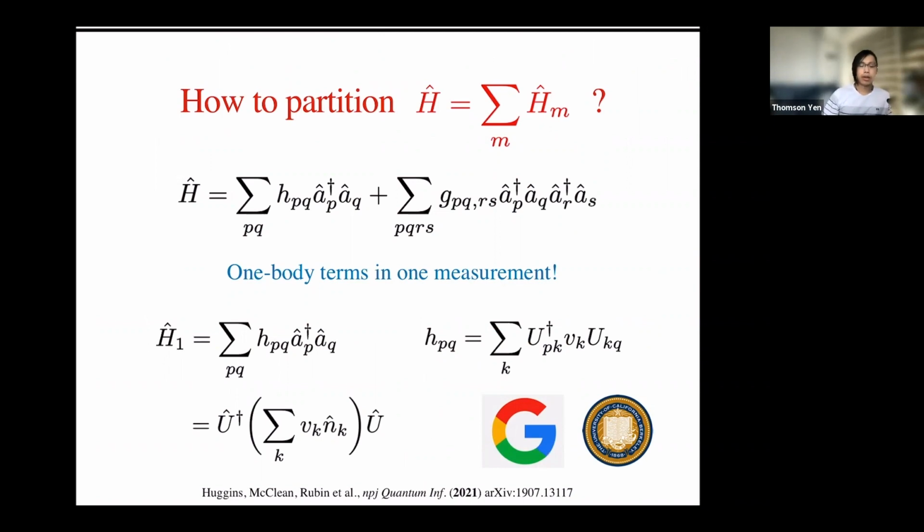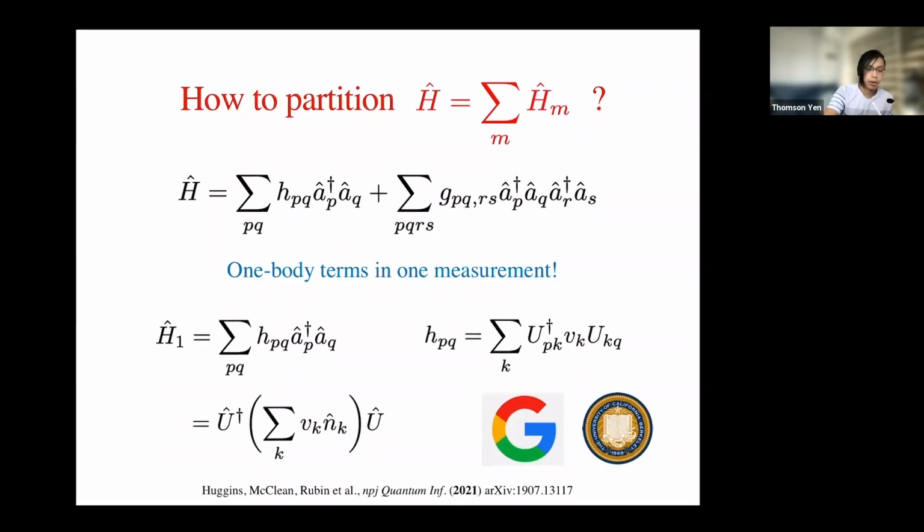And the way they do this is we notice that there are two separate terms in the Hamiltonian. This is usually called the one-body term, and this is called the two-body terms. And it turns out that the one-body term, you can measure all of these things in just a single measurement.